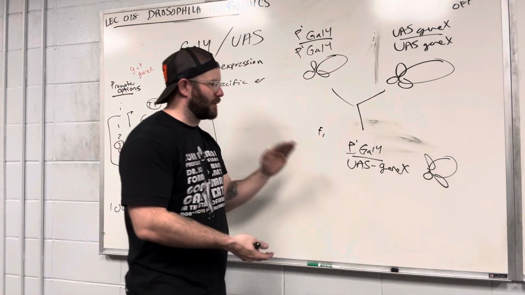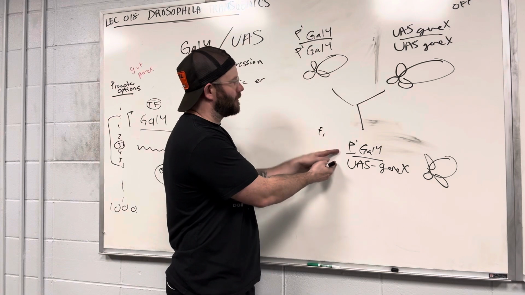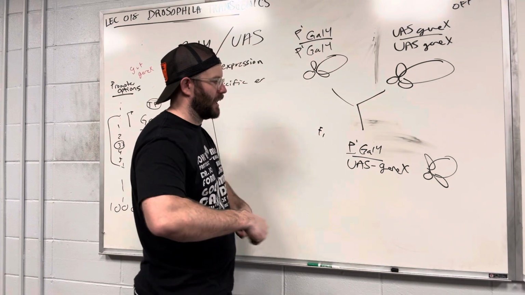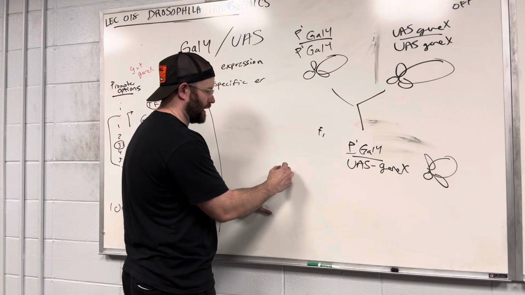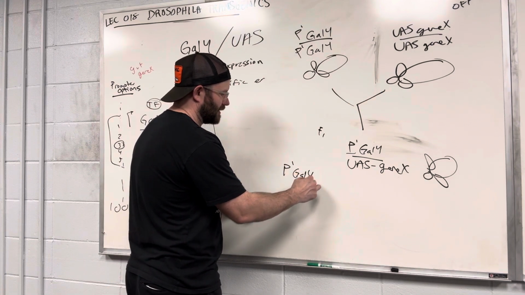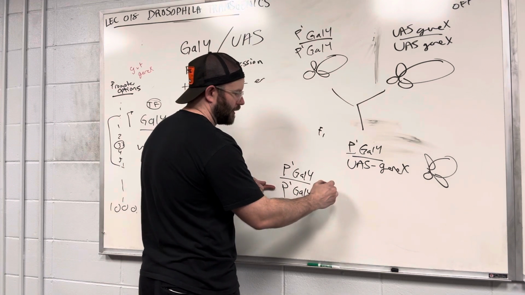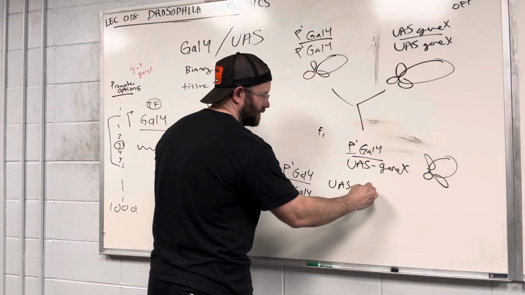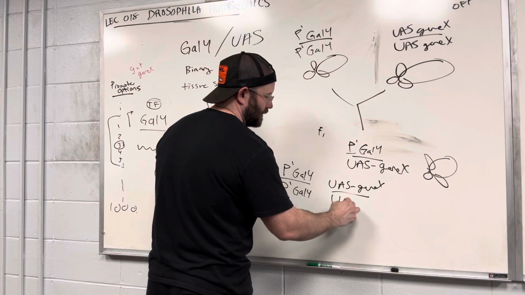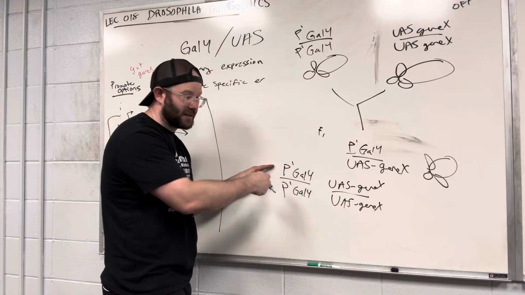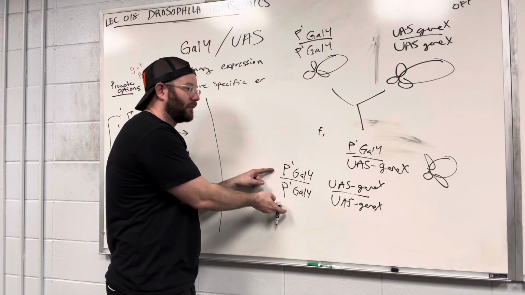There are pluses and minuses to being heterozygous. In this case, they're heterozygous for both genes. You can make flies with genotypes that are homozygous Gal4 and homozygous gene X. This would still do the same thing, and actually you'd get double expression, more powerful expression.